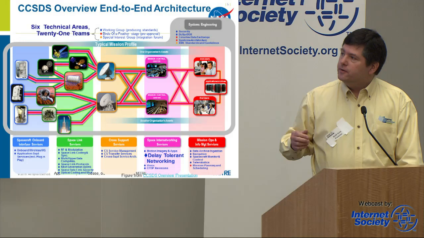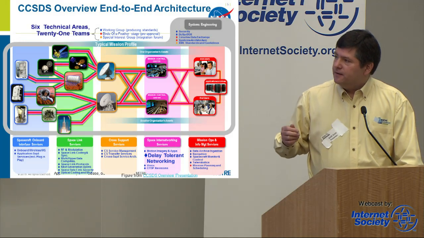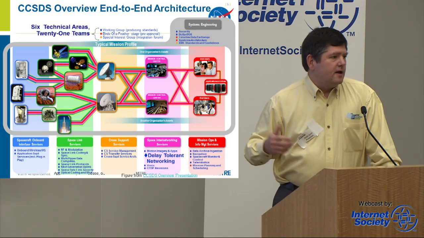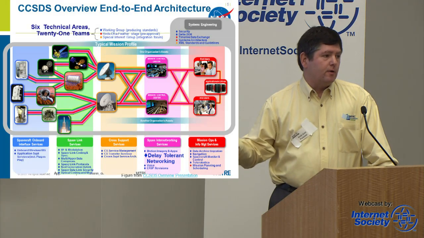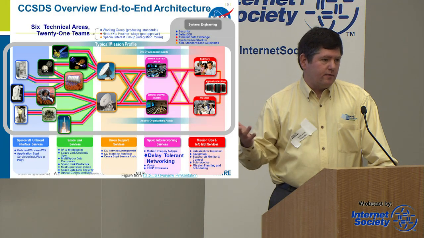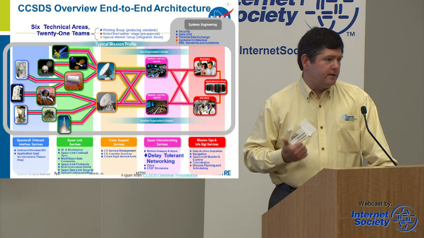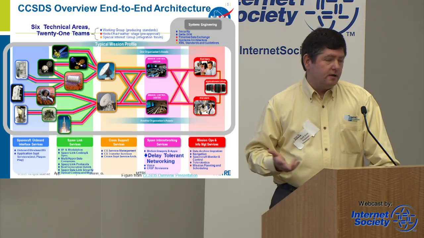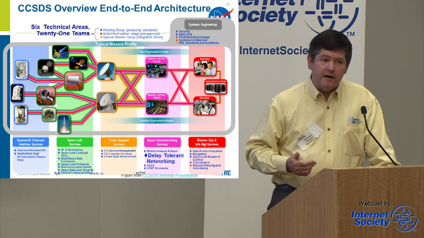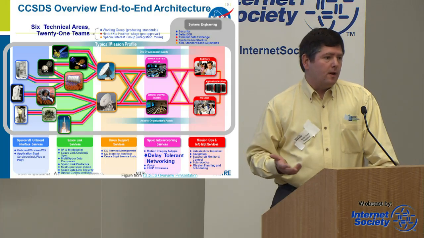The orange thing here in the middle is cross-support services. That's looking at notions of how does one agency talk to another agency's ground station and tell that agency, here's where I need you to point, here's the link layer protocols that I need you to use in order to communicate with my spacecraft, either in an emergency or for normal operations, right?